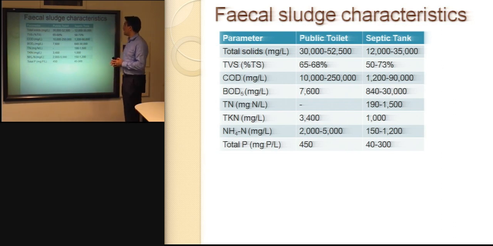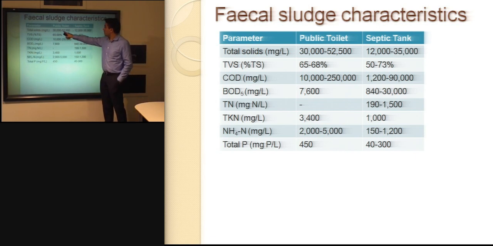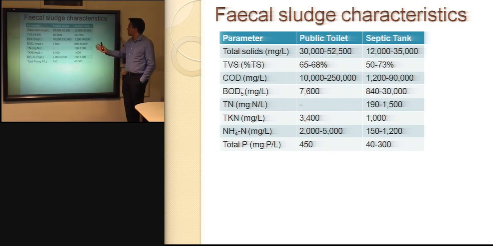Public toilets are supposed to have fresher, more freshly generated fecal sludge. In septic tanks, the sludge has already been exposed for a certain time to storage conditions or digestion processes, so the total solids content will vary widely. Public toilet sludge can go from 30 to even 52,000 milligrams per liter, and septic tanks can range from 12,000 to more than 35,000 milligrams per liter of total solids.